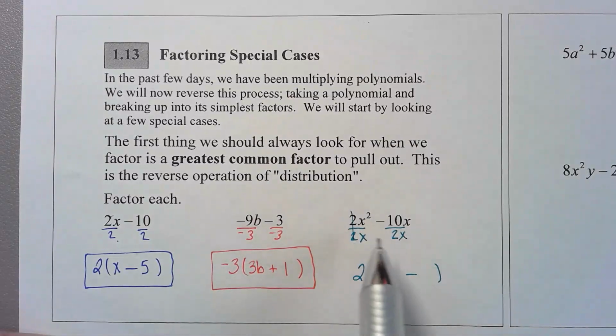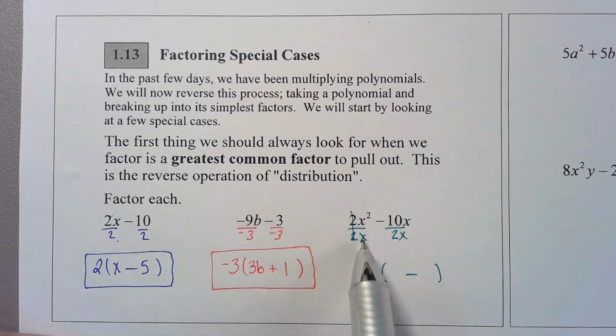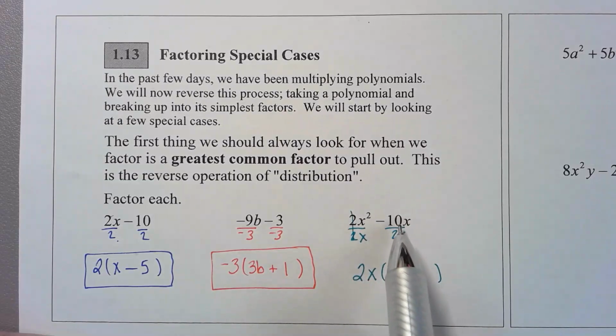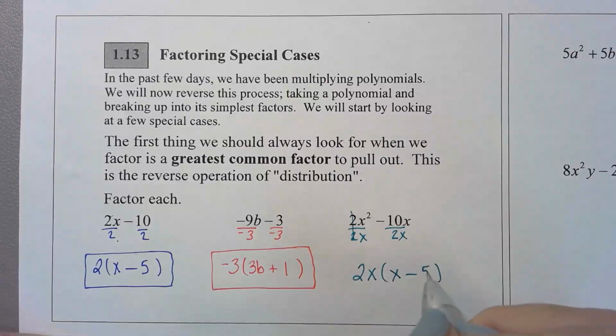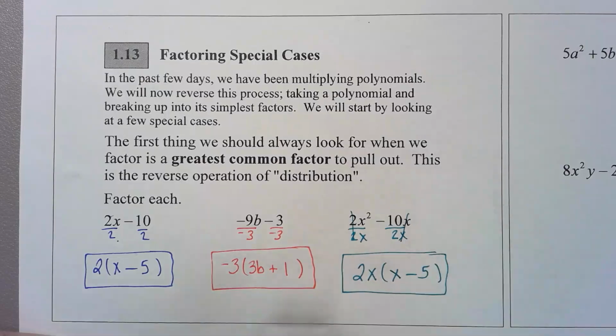So the 2's are gone. I had x squared, but I took 1 out, so I'm left with just a single x, right? Because x squared means x times x. And let's see, 10 divided by 2 is 5, and x divided by x is 1. So the inside looks exactly the same as this one. It's just that we had an extra x we could pull out. That's pulling out a GCF.